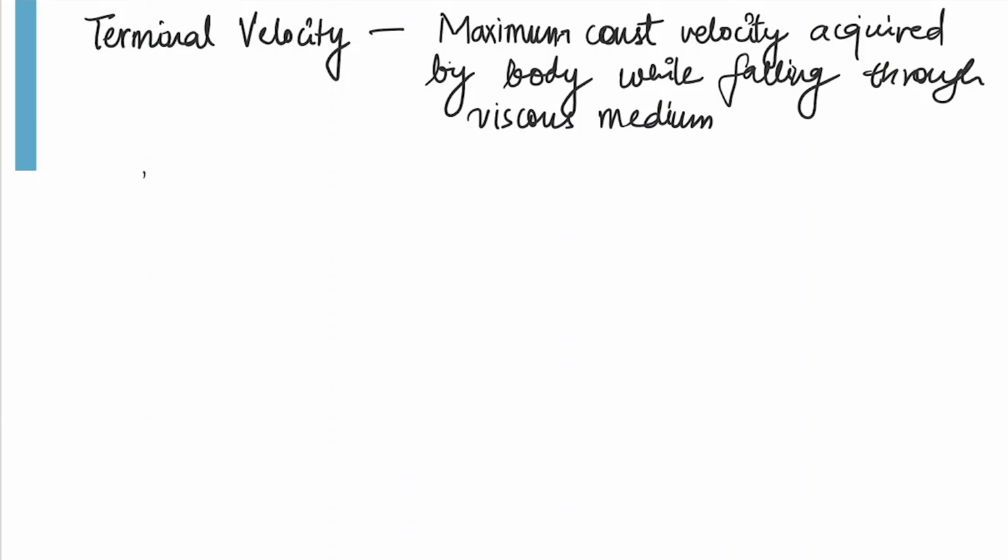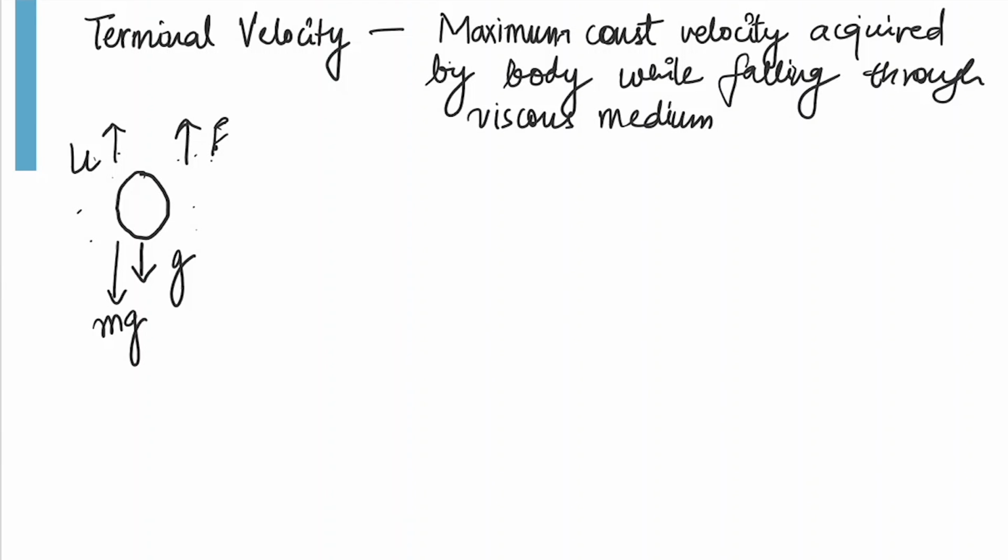Let's say this is a body, a water drop, which is falling through the viscous medium. Because it is a viscous medium, this water drop will experience some viscous drag. Let's say this viscous drag is F, and there will be an upthrust, say U, and the gravitational force mg will be acting on this.